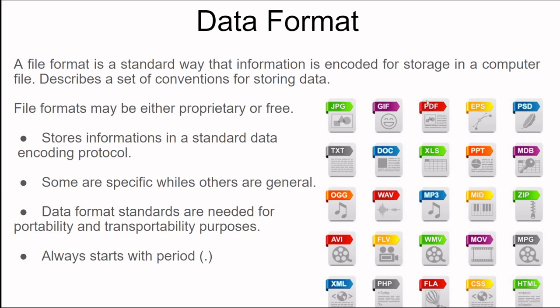This is what the computer knows; the computer understands these protocols. So once you save a file, put the name and add .pdf, it's automatically going to be a PDF because the computer understands that. If you say .xls, the computer understands that too.